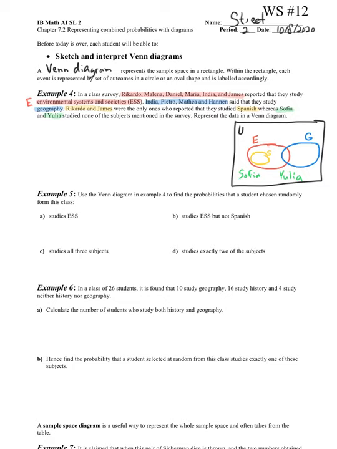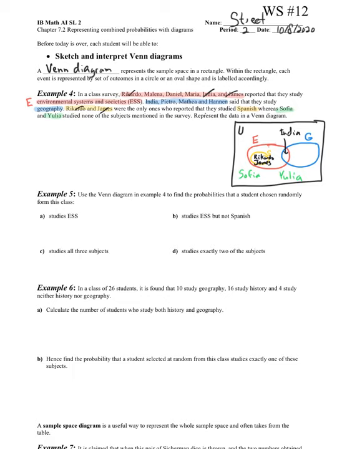So we've got Ricardo, he'll go inside the Spanish circle, which is inside the other one, and so will James. And then we have India that's doing both, so we'll put her in here. Okay, so that takes care of India, Ricardo, and James.